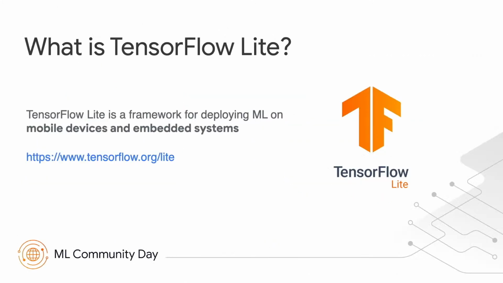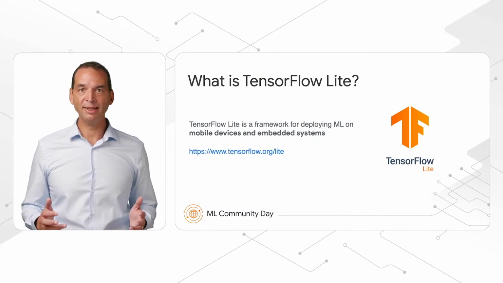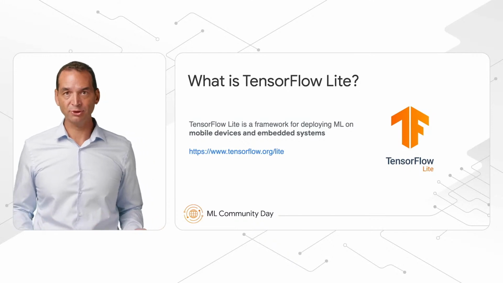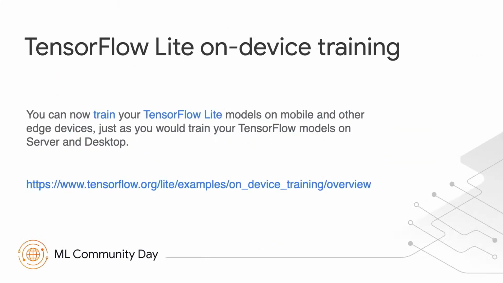For developers with more custom needs, we provide TensorFlow Lite, Google's open-source ML framework for on-device inference. TF Lite is used widely for powering on-device ML in Google apps, as well as popular external apps on more than 4 billion devices. In addition to model inference, we recently launched on-device training in TF Lite.